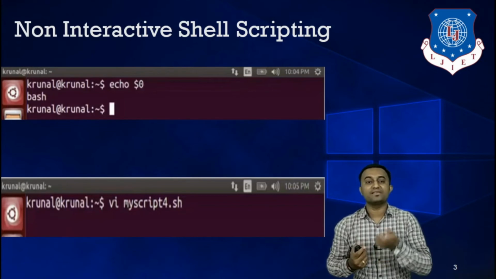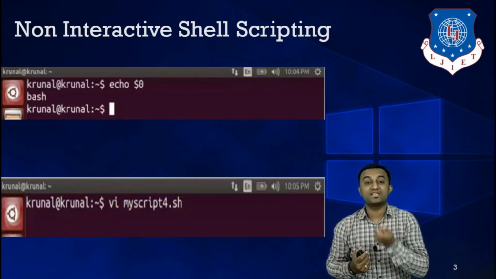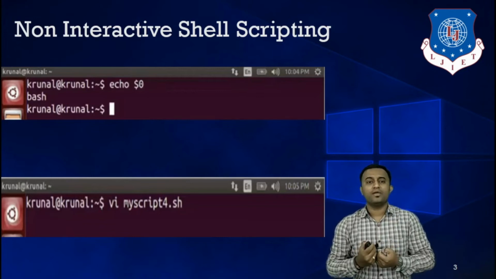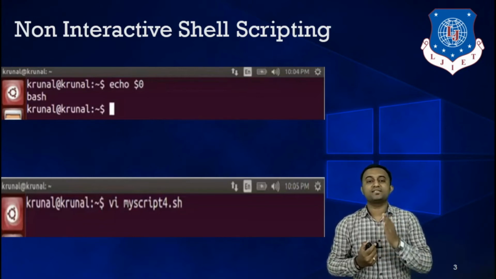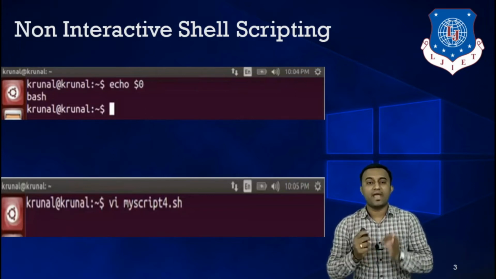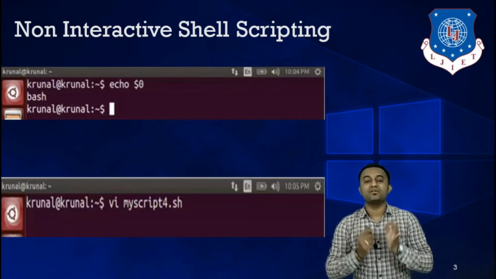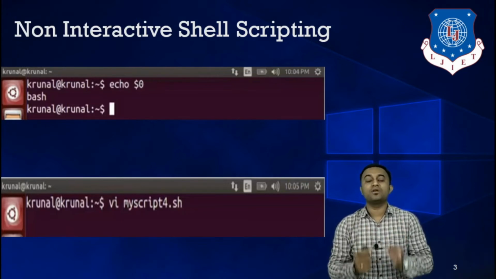Okay, vi space myscript4. Myscript4 is the file name, or script name, that we have mentioned. Myscript4.sh, as I told you, every script file ends with the .sh extension. Sh is a standard shell.